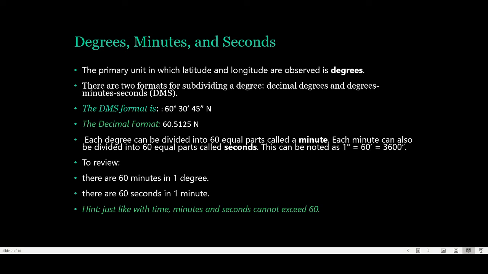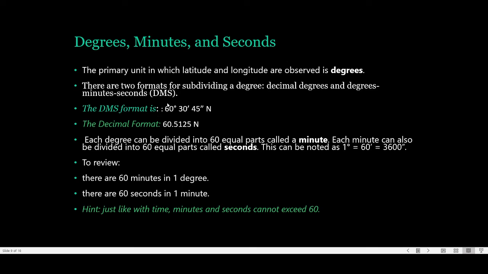We are now going to talk about degrees, minutes, and seconds. So there are two formats for subdividing a degree. There is decimal degrees and degrees, minutes, and seconds. So the DMS format, so it would be 60 degrees, 30 minutes, and 45 seconds north.